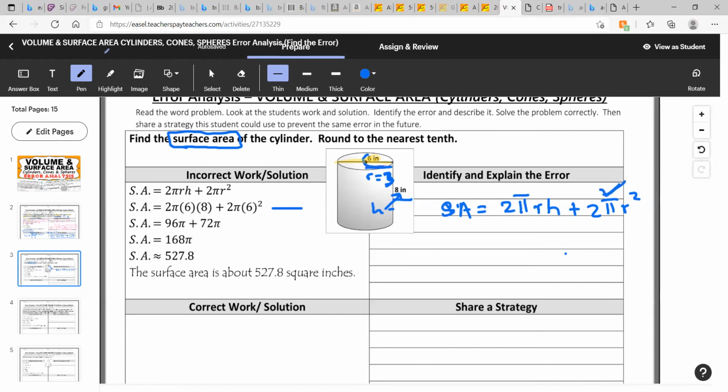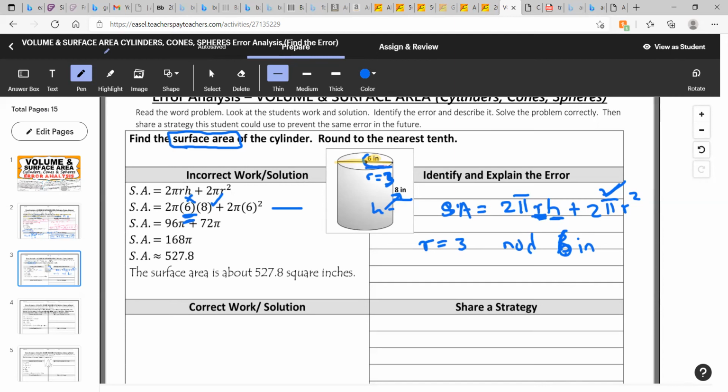And the error: he used 6 as the radius. You can tell this is 6, which is wrong. So the radius should have been 3. The radius is 3, not 6 inches. So this is why the student got it wrong. He substituted the radius with 6. And the height was 8, which is good.